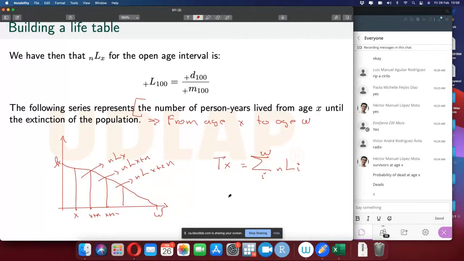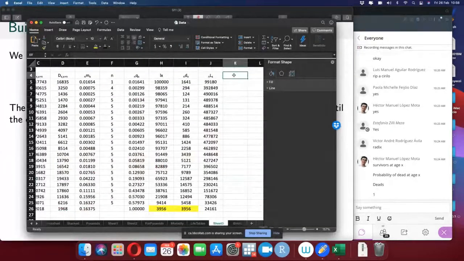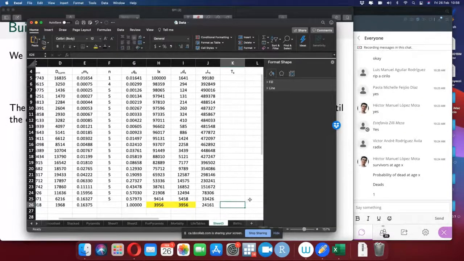So this is easy to estimate because for the last age group, let's go back all the way here. Here I don't need the n because I don't have the length of the interval. So if I'm going to add age specific person years per age group, from that age to the extinction of the population, the last one has to be the same, right?